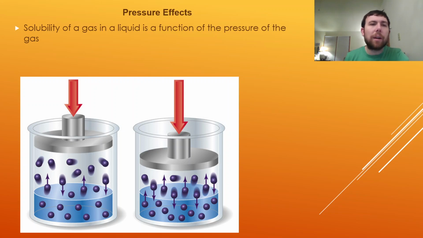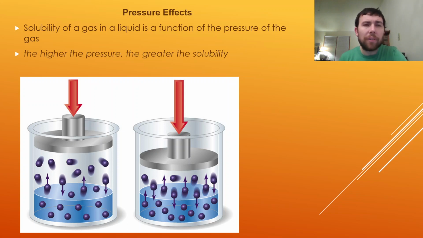Now, when we start to think about solubility of a gas, it's going to be a function of the pressure of the gas. And a really good example of this would be something like soda, for example. Now, what we know about how pressure influences solubility is that the higher the pressure is on the gas, the greater the solubility of that particular gas.